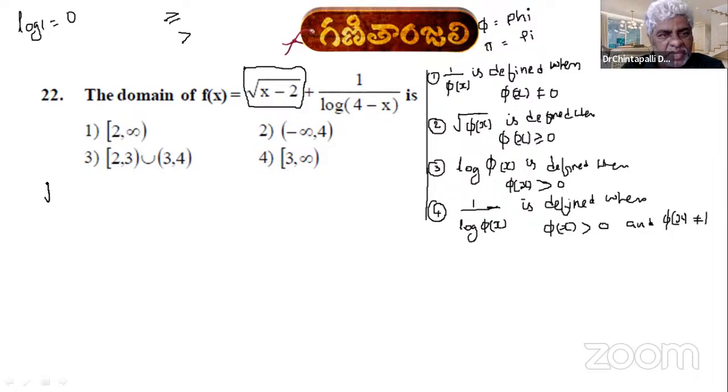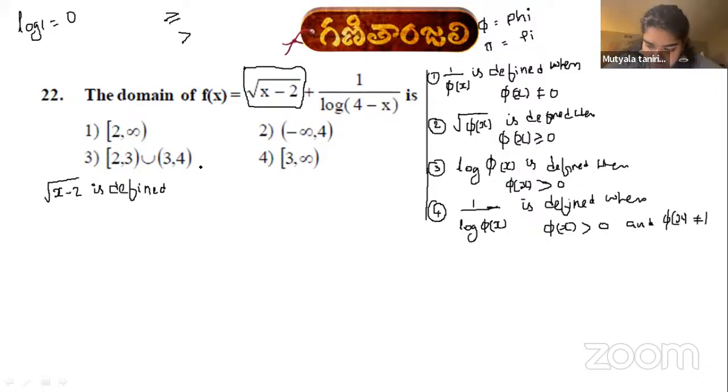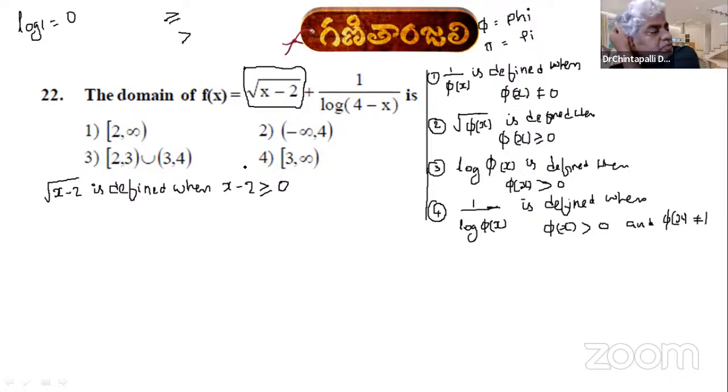The square root of x minus 2 is defined where? The part which is under root is greater than or equal to 0, right? When x minus 2 is greater than or equal to 0. Yeah, that means x minus 2 is positive.